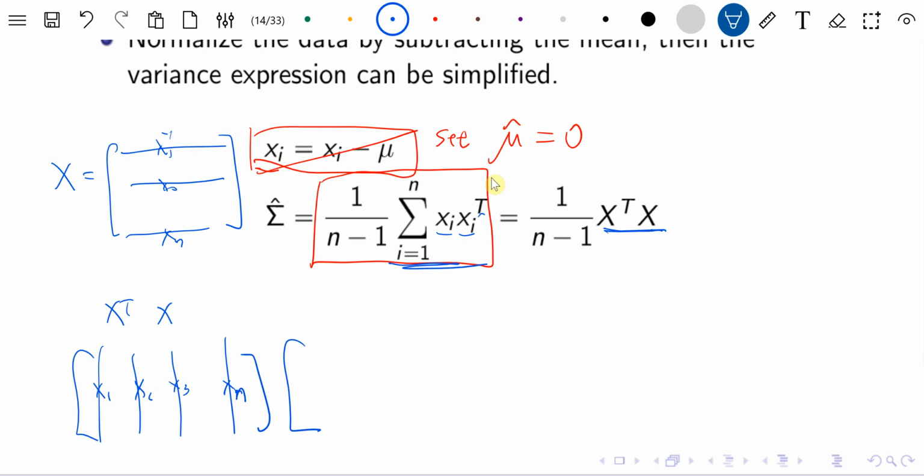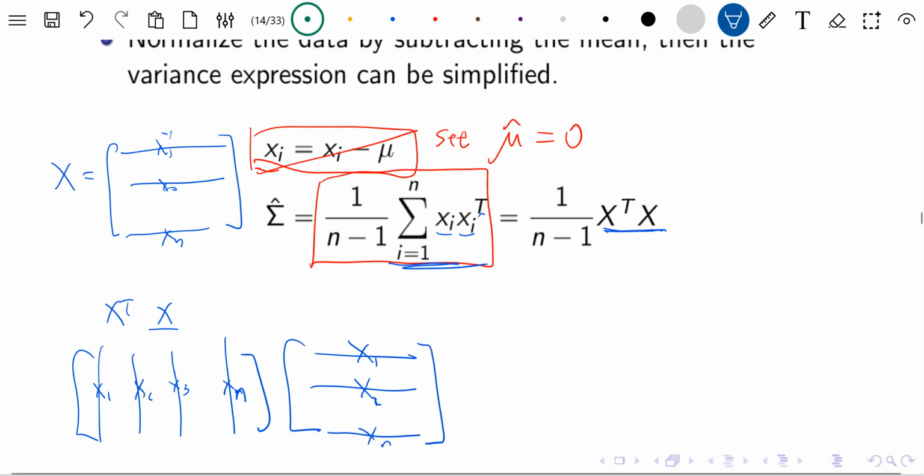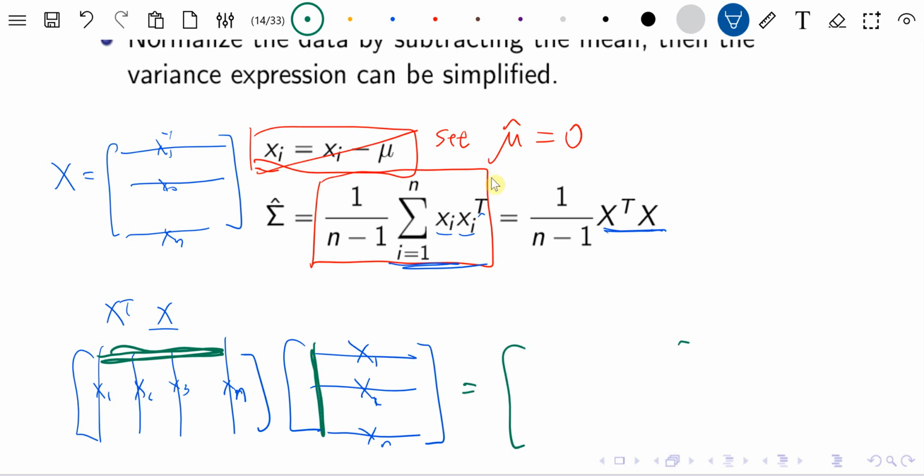And then multiply it by x, which is again x1, x2 until xn. So again, remember when you are multiplying matrices, never do column multiplied by row. It's always row multiplied by column to get the first number here. And the row multiplied by the second column to get this.